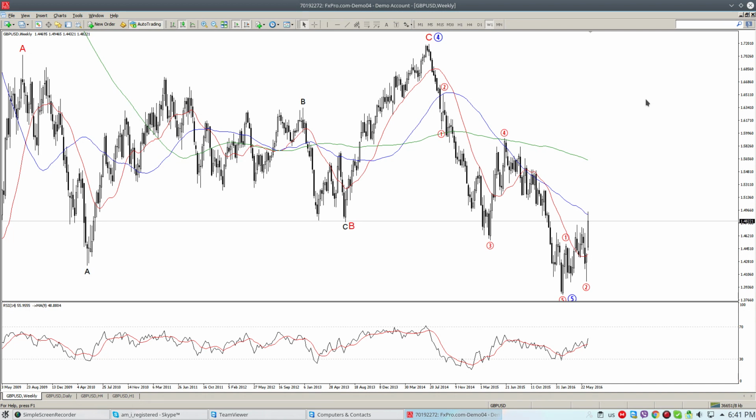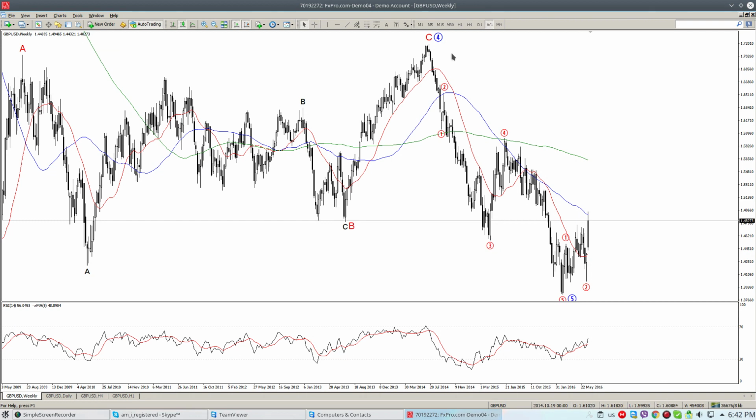Besides that, there are other possibilities for this broader count. The other possibility is that this is part of a wave 2, and we're expecting a wave 3 to the downside that will move the pair to much lower levels.